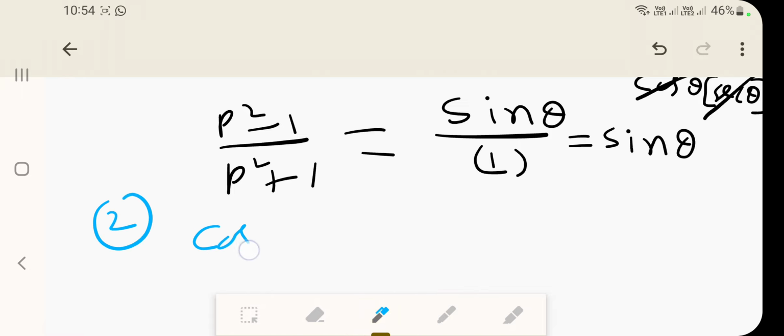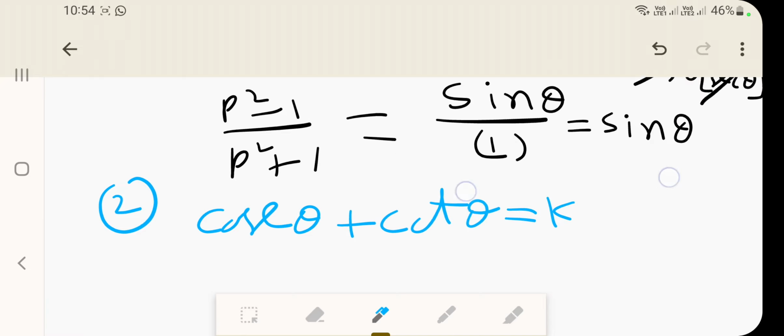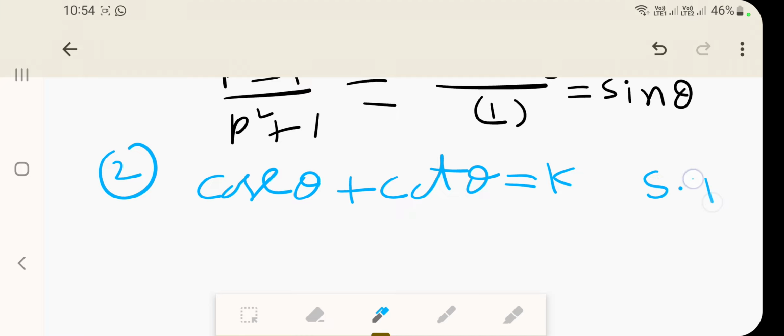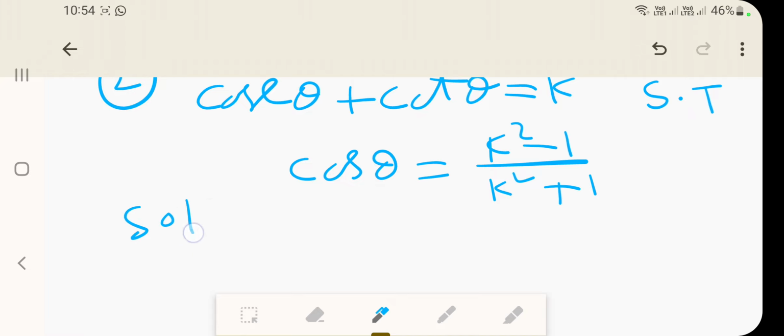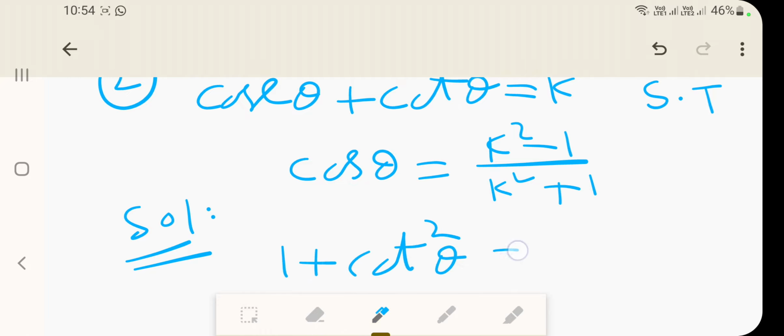They give it as cosecant theta plus cot theta is equal to k, and they ask to show or prove that cos theta is equal to k square minus 1 by k square plus 1. It is similar to the earlier problem. What is different here is the identity which we are going to use: 1 plus cot square theta is equal to cosecant square theta.